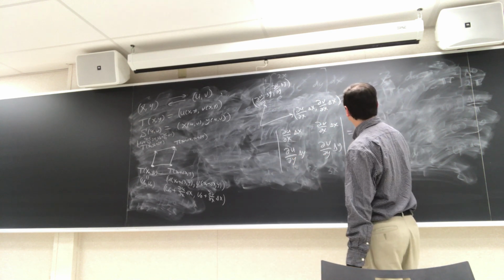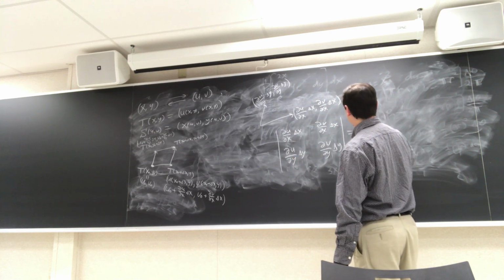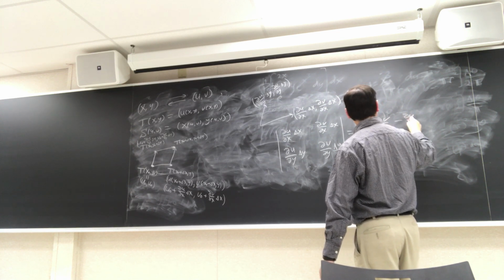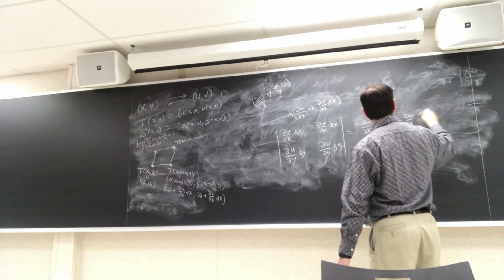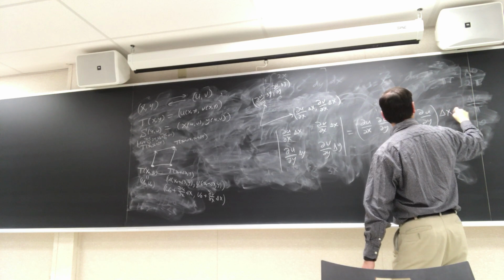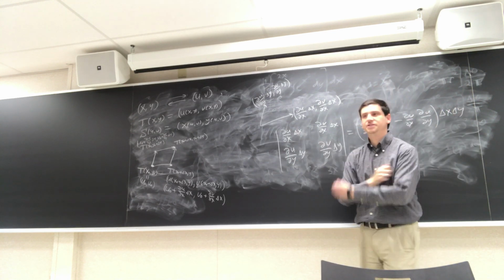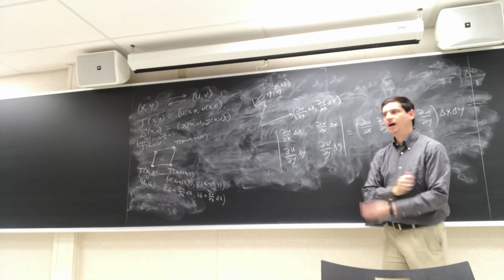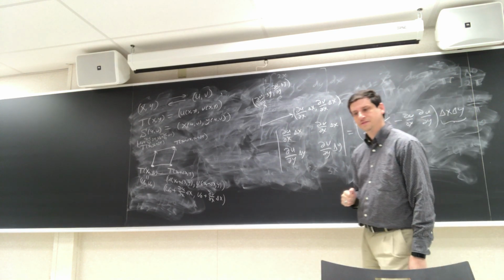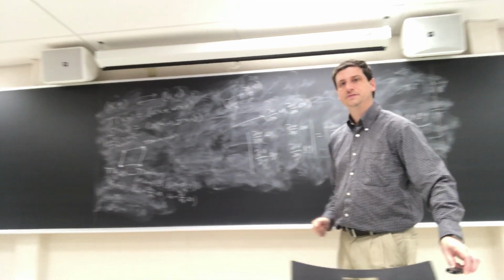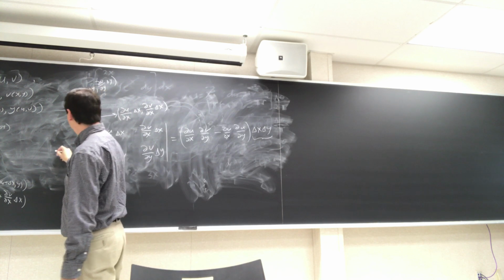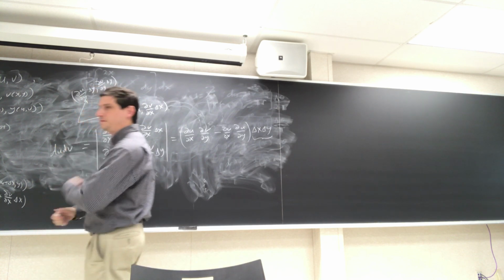So we get du dx dv dy minus dv dx du dy, times delta x delta y. Because each term has a delta x, each term has a delta y. This is my original area. And so this should basically be my du dv.